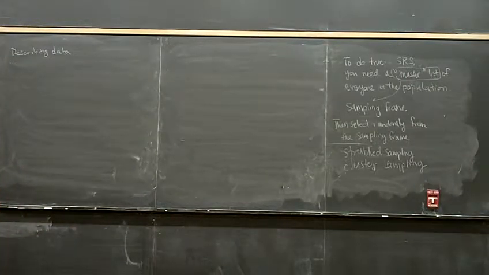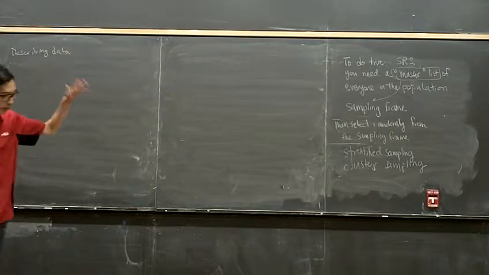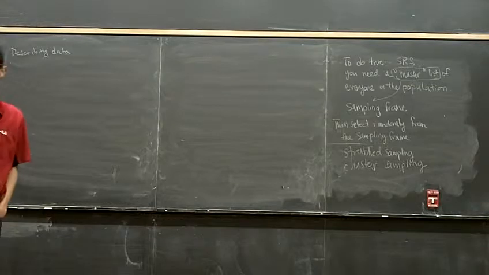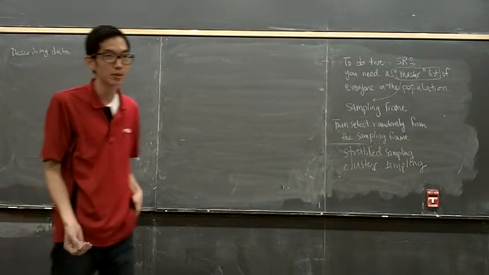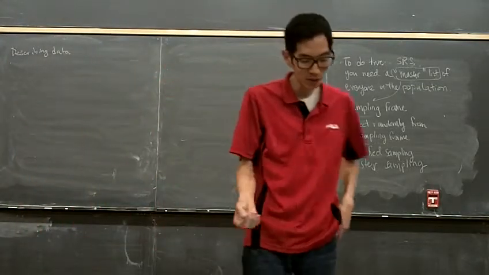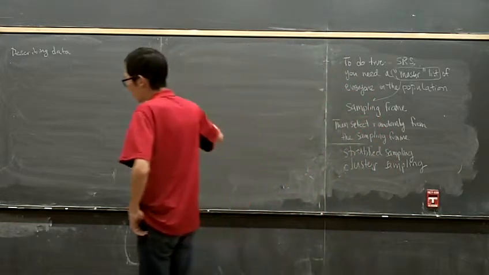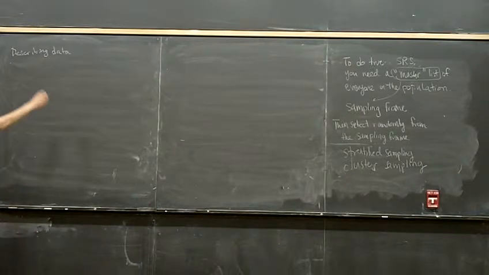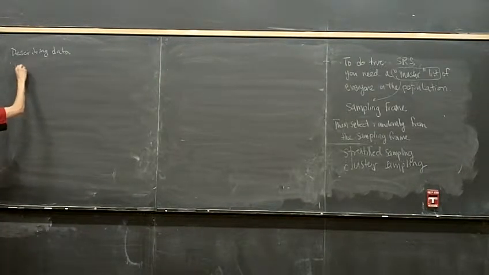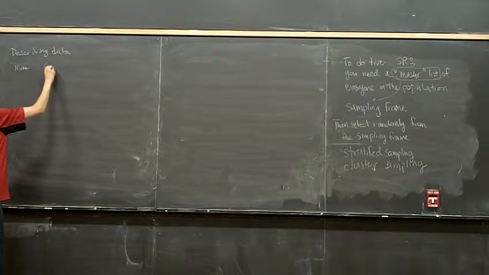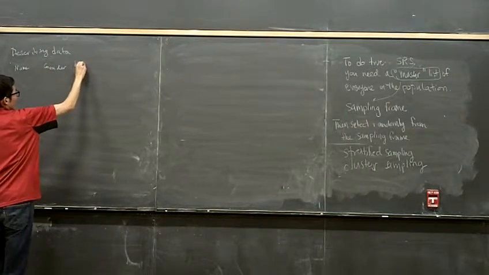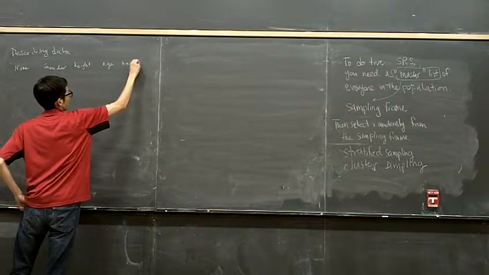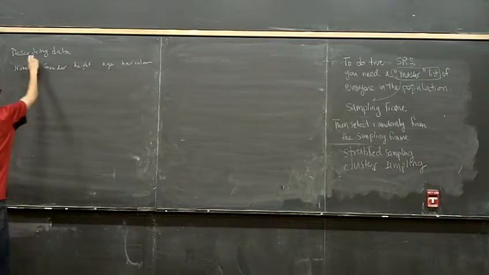Just imagine we've got a table of data, and let's say we went around this classroom and asked each student, what is your gender, your height, your age, your hair color, things like that. So we get your name, and then we have gender, height, age, hair color, etc.